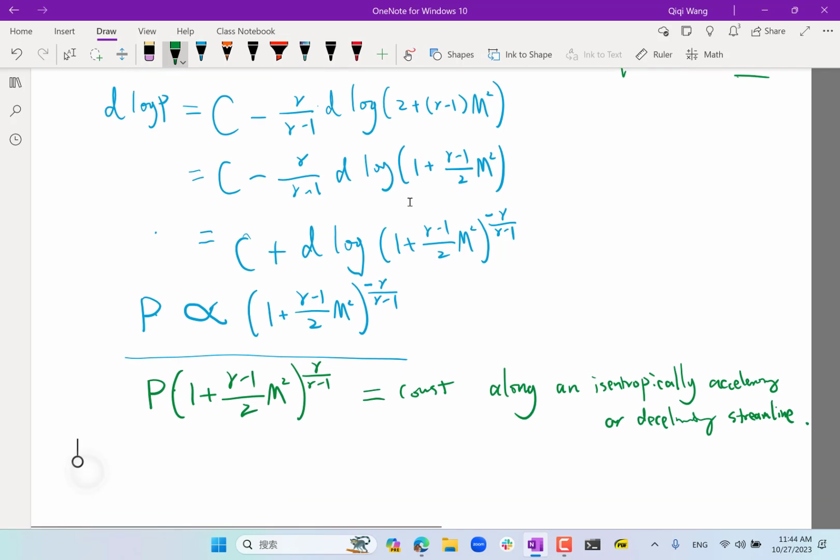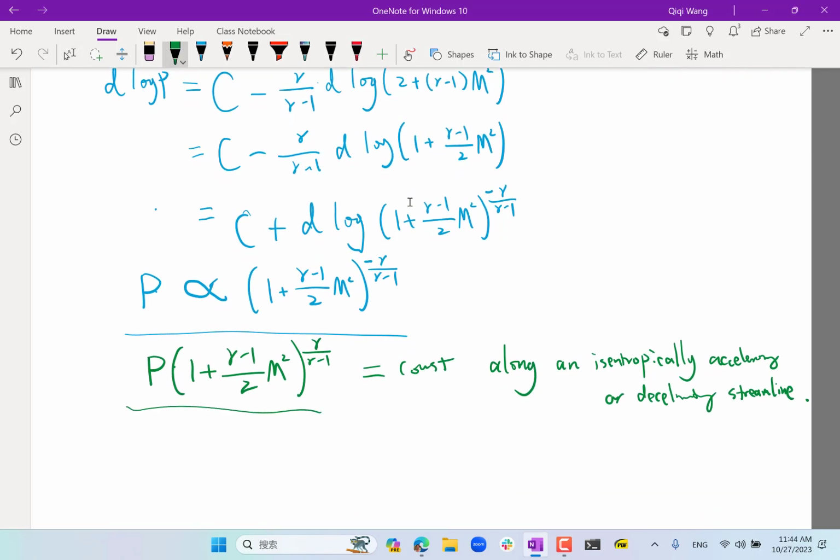That's what we define as PT, the total pressure or stagnation pressure. All right, any questions on this?